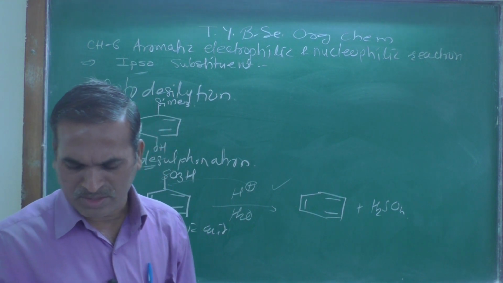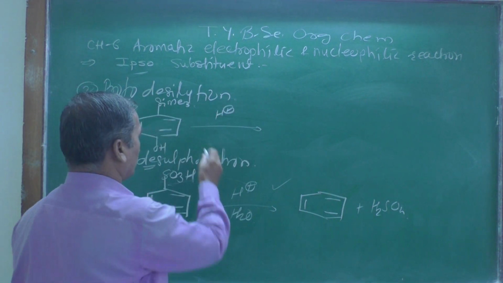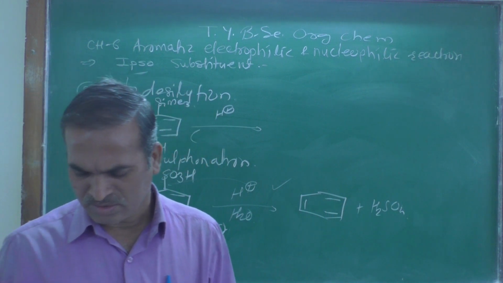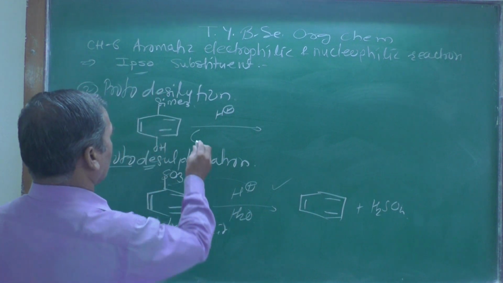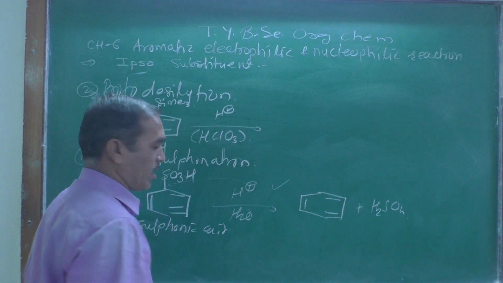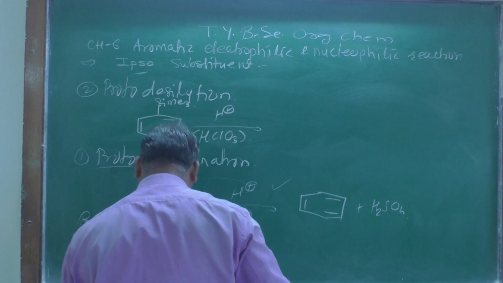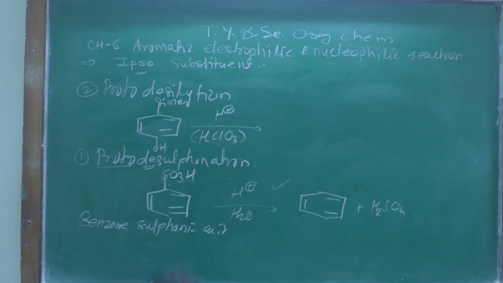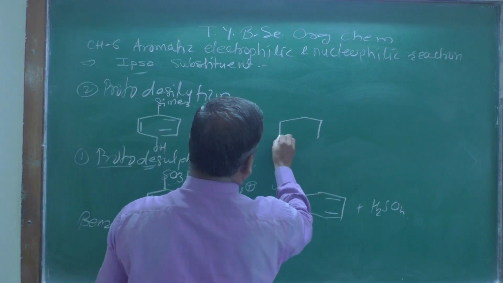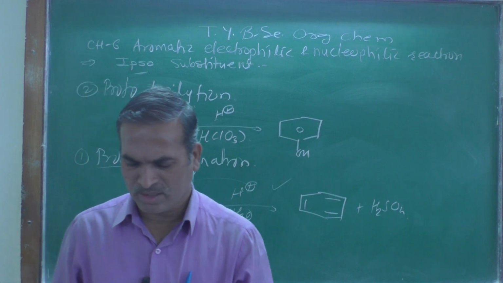When this compound is heated with H plus, in this case HClO3, triflic acid, that is used as an acid over there, the source of H plus, you are going to get a phenol, OH.